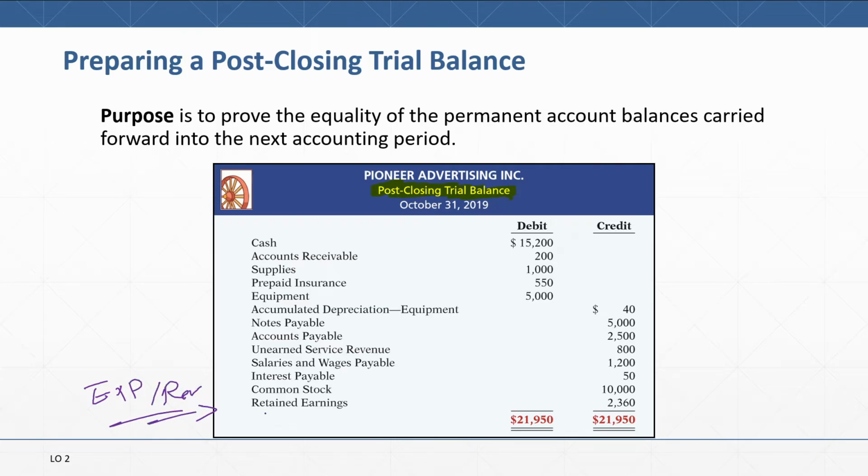They are all summarized into retained earnings account. So retained earnings contain the net balance of expenses, revenues, as well as dividends. So post-closing trial balance simply reports all the permanent accounts, not temporary accounts.